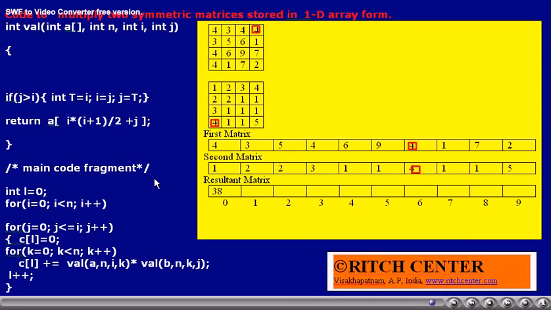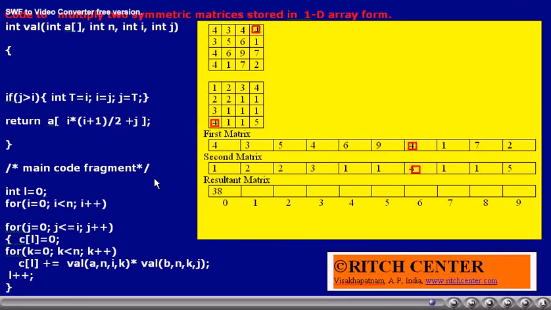We have calculated the zeroth row, zeroth column element of the resultant matrix, which is stored in the zeroth element of the 1D representation of the resultant matrix. You remember that we have taken the elements of the first row of the first matrix, and the elements of the first column of the second matrix.